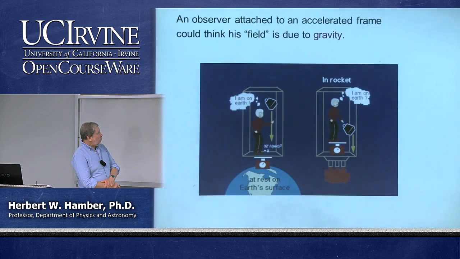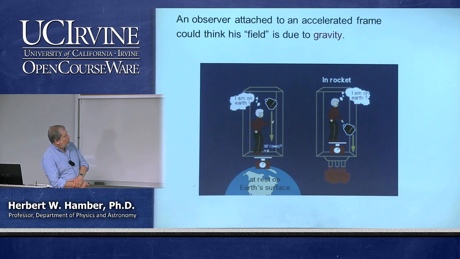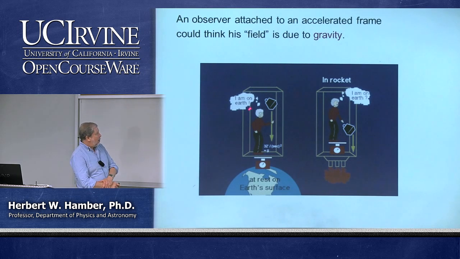Here are a couple of pictures that illustrate what we discussed in class. In the first case, you have an observer, a person, on the surface of the Earth, experiencing a gravitational field, and as a result, bodies are attracted to the Earth.